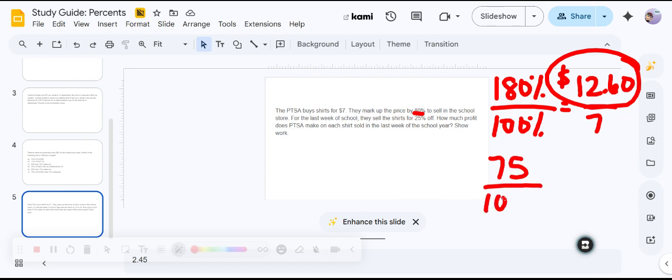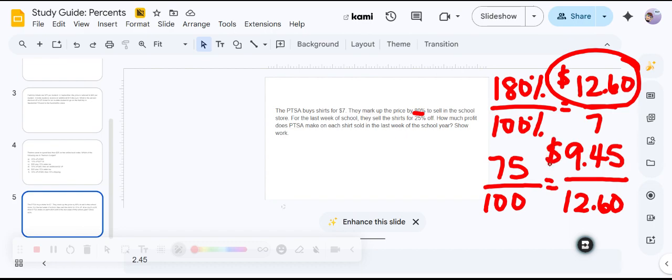So I'm going to take our shortcut and find 75% of $12.60. Remember, stores are going to give you a percent off of the price that they sell it for, not their wholesale price. So they are going to sell the shirts for $9.45.